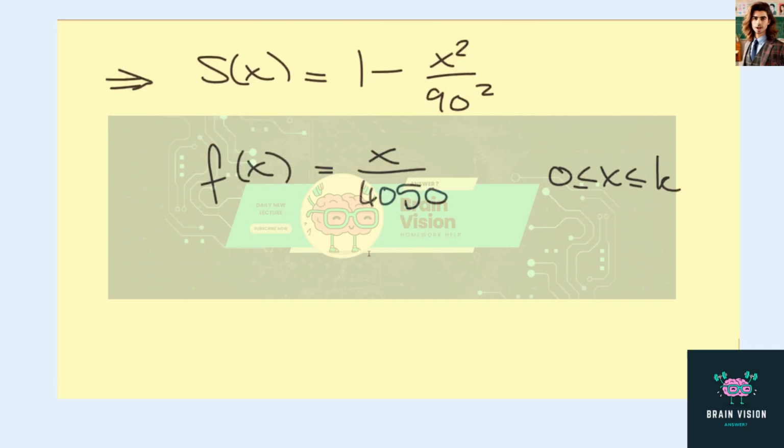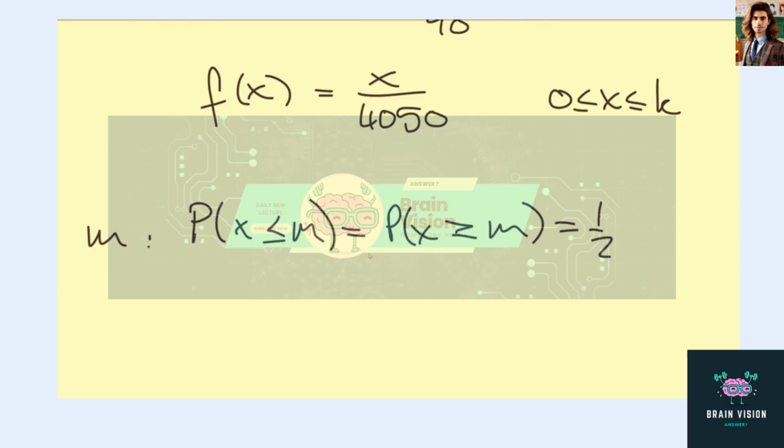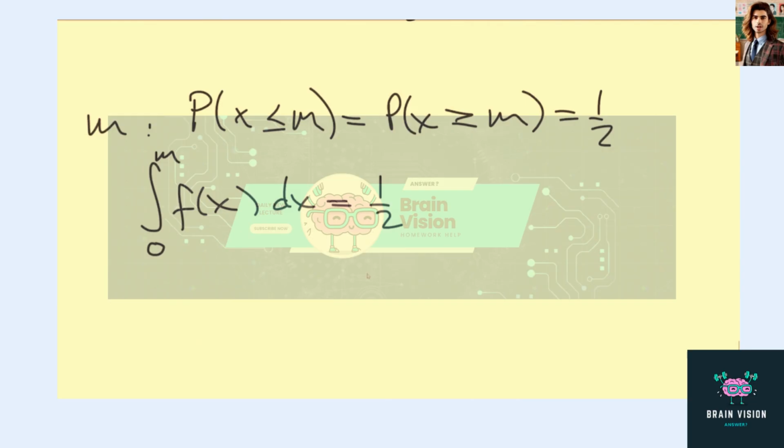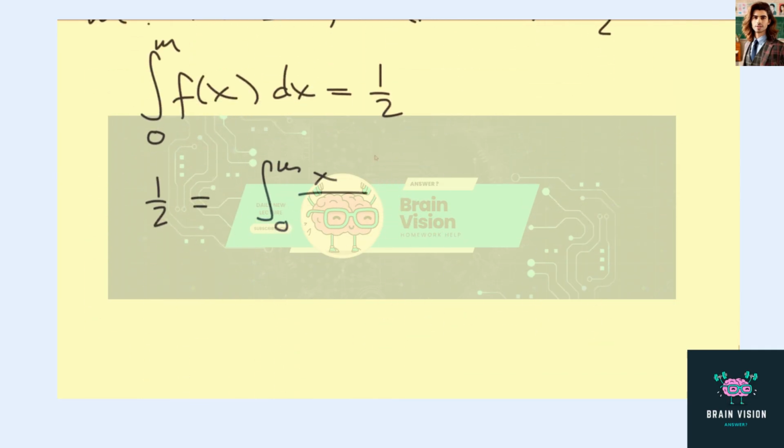So now we need to find the median, and the median, m, is defined by the probability of x being less than or equal to m is equal to the probability of x being greater than or equal to m is equal to 1/2. So the integral of f of x from 0 to m dx is 1/2. So we get 1/2 is the integral from 0 to m of x over 4050 dx.